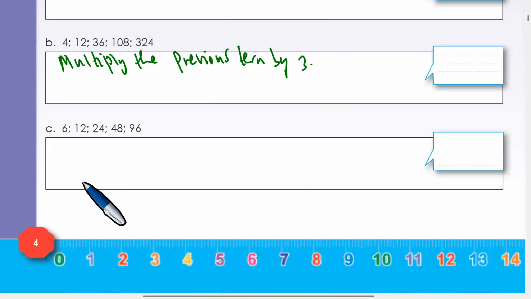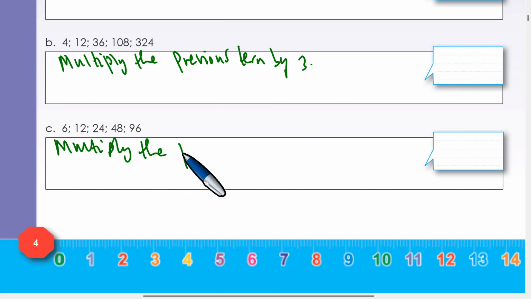In C, what do you think is happening? So multiply by 2. Well done. Multiply the previous term by 2.